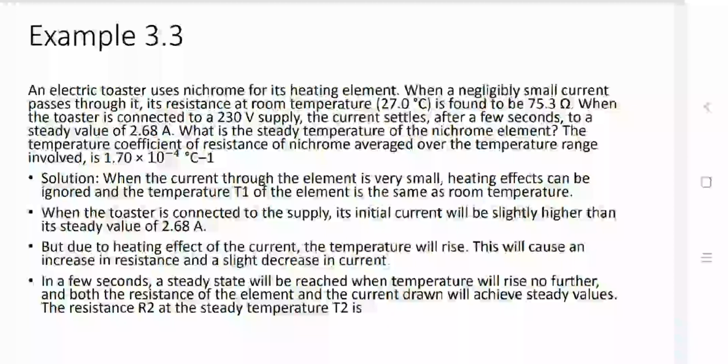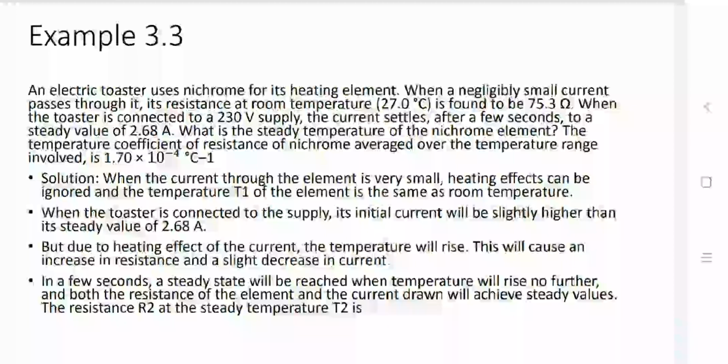Initially, when the current through the element is very small, heating effects can be ignored, and that initial temperature we define as T0. Now another temperature, T1, that is the room temperature. In the steady state the current is 2.68 ampere, but due to the heating effect of the current, the temperature will rise.